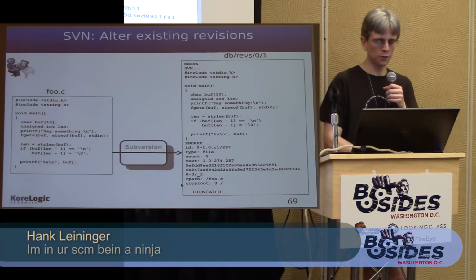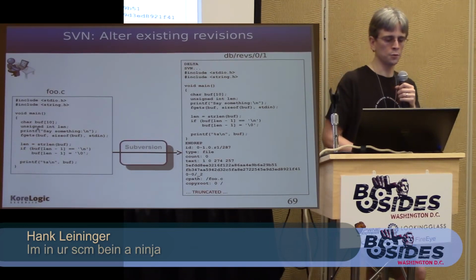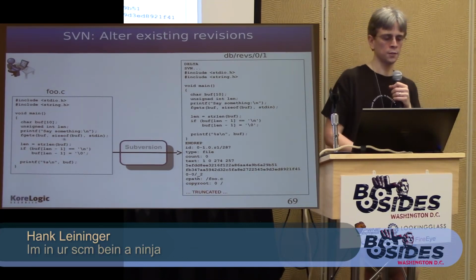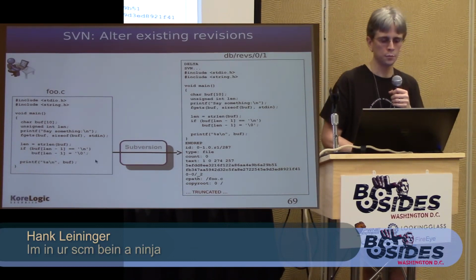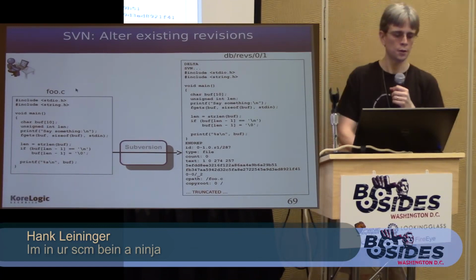So, for an example of what the on-disk format looks like on Subversion, we're checking in foo.c. This is our safe code that does a blah blah blah. It prompts the user, does an fgets to get a message from the user, and then prints it. So what gets written onto the repo when you commit code like this?